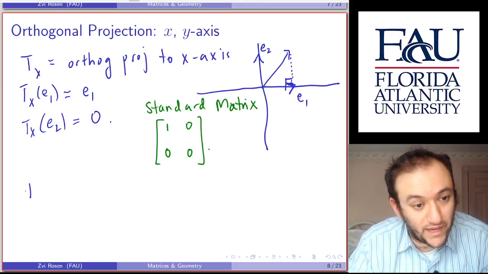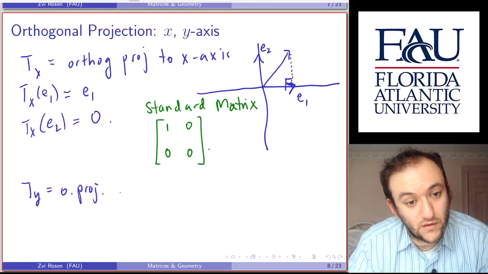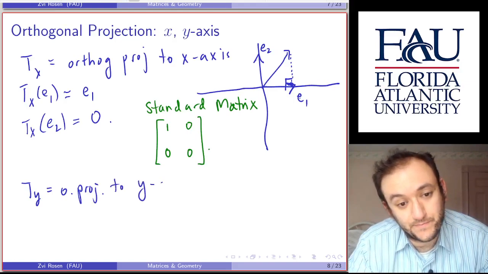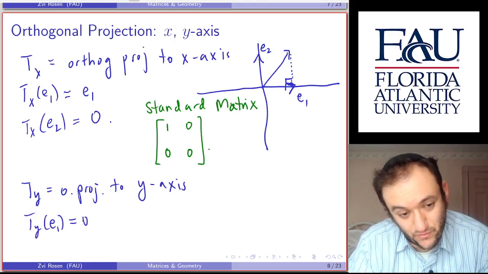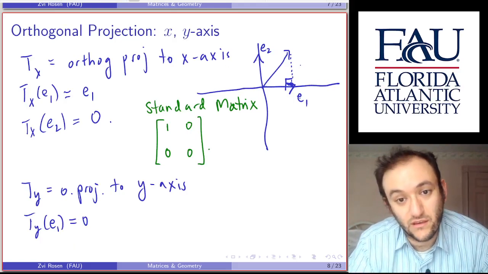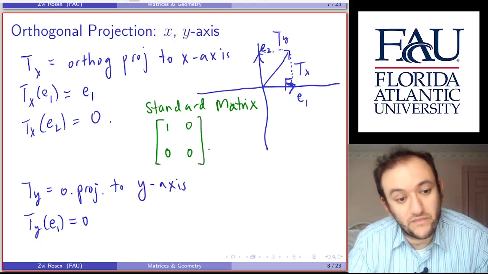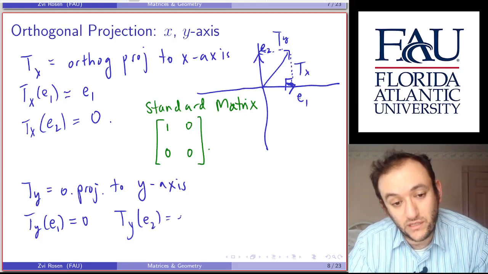Okay, what about Ty? If Ty is orthogonal projection to the y-axis, then Ty of e1 is 0, right? Because you're mapping everything to the y-axis. So Ty of e1 will be 0, while Ty of e2 will be e2.